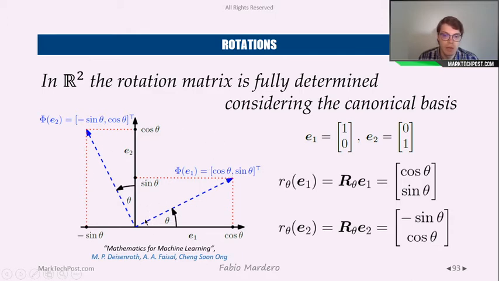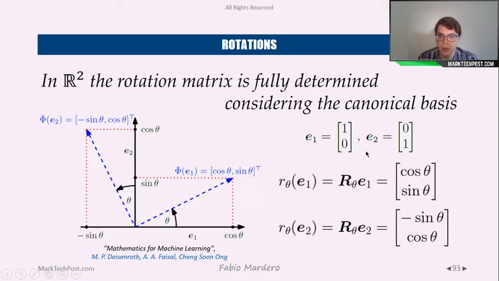So here we have the rotated vectors. E1 is of course parallel to the x-axis. So rotating it by theta means that the x value will be cosine of theta, and the y coordinate will be sine of that angle.